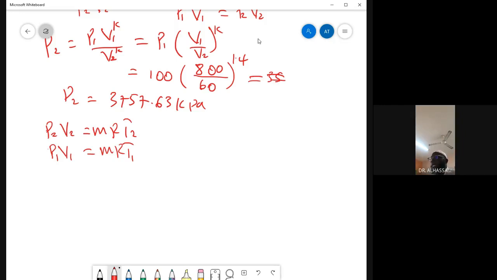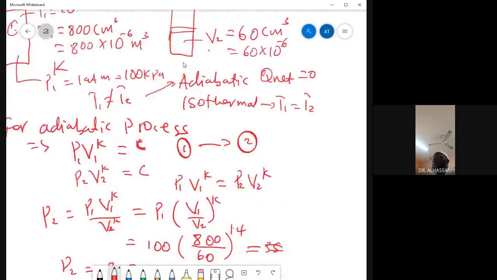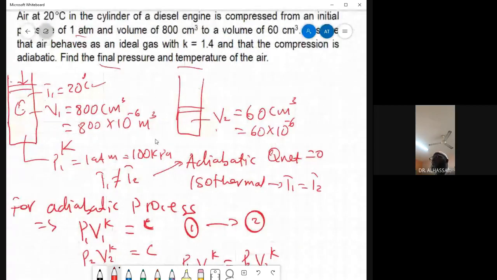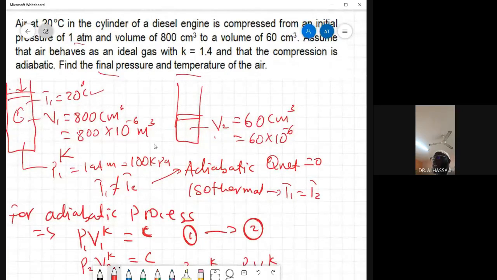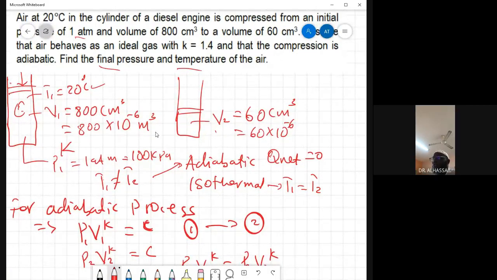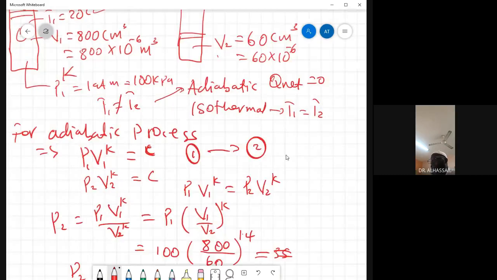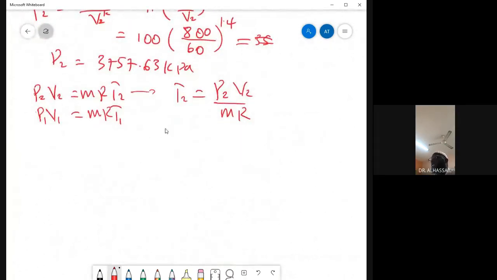Either we use this equation as it is and say that T2 equals P2 V2 divided by M times R, but that depends on if we know the mass of the ideal gas. The mass of the ideal gas is not given, so there is no way we can use this equation.